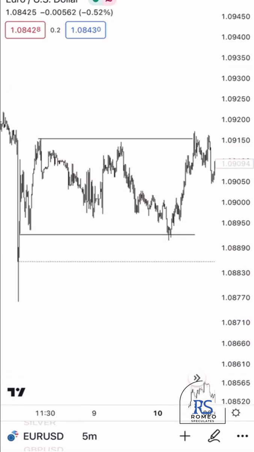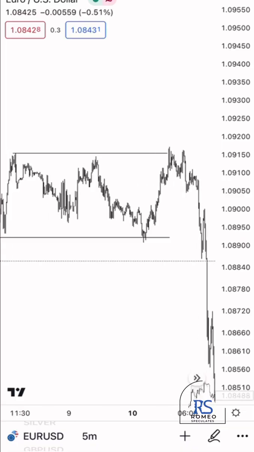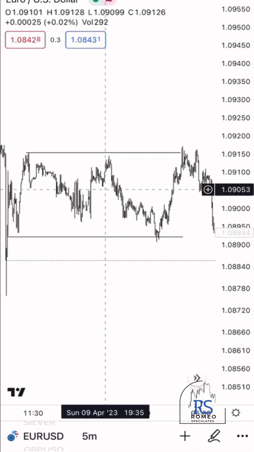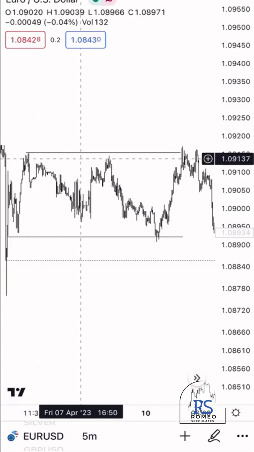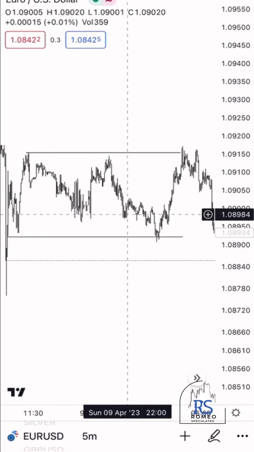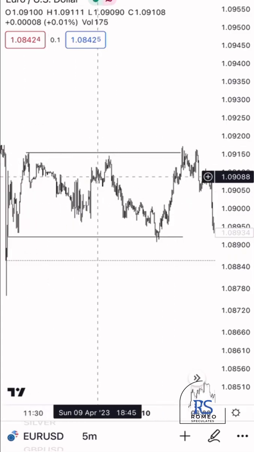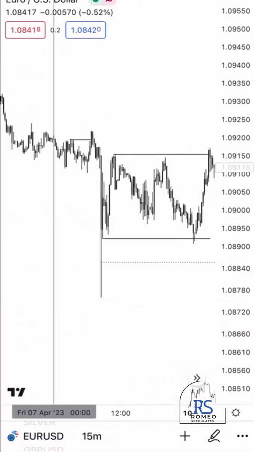clear defined range, right? And if you've been following along for a while, you'll have known by now that one of my favorite types of turtle soup is this double top and then a purge of the equal highs, which are also previous week's high, right? So I'm not taking these equal highs for the sake of being equal highs.